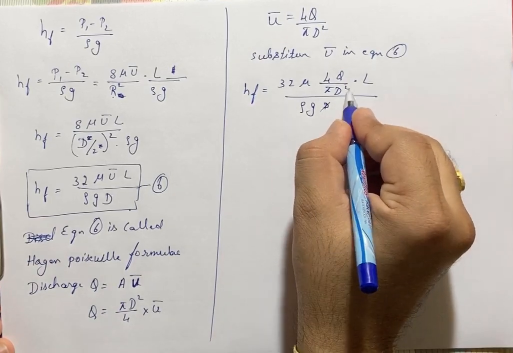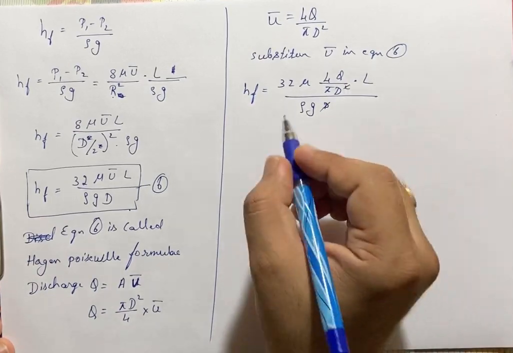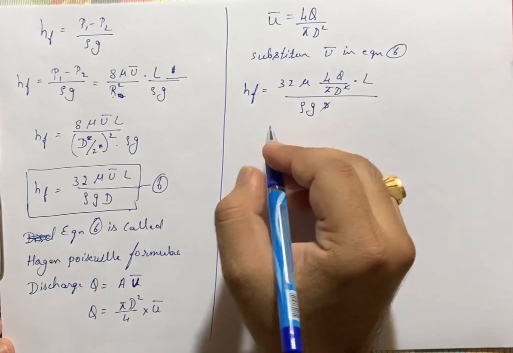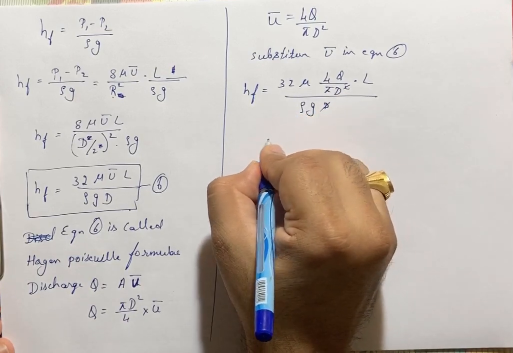Now after this, the d square will cancel off, and 4 into 32 is 128.